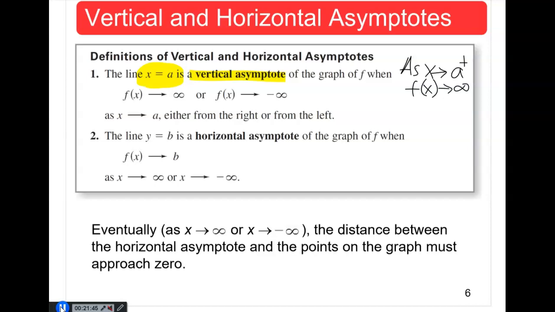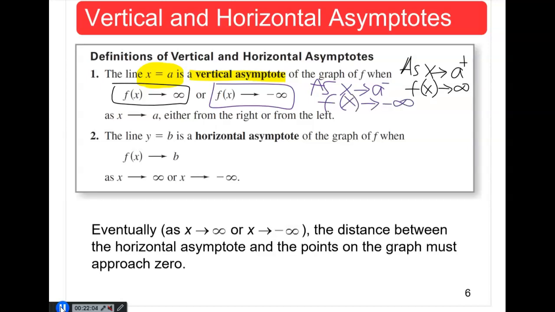And then that will be this statement here. And then the other one will be as x, and remember a is just a real number, approaches a from the left, f of x approaches negative infinity.